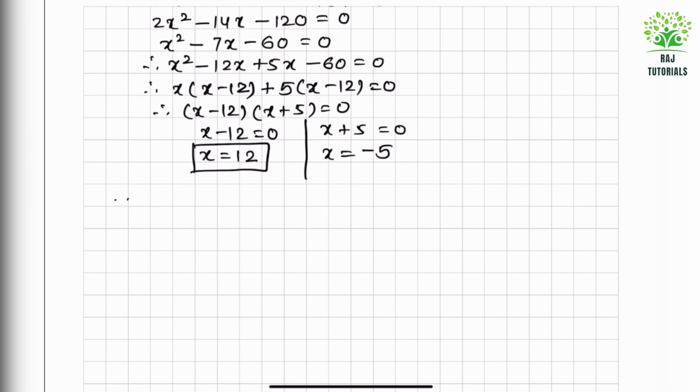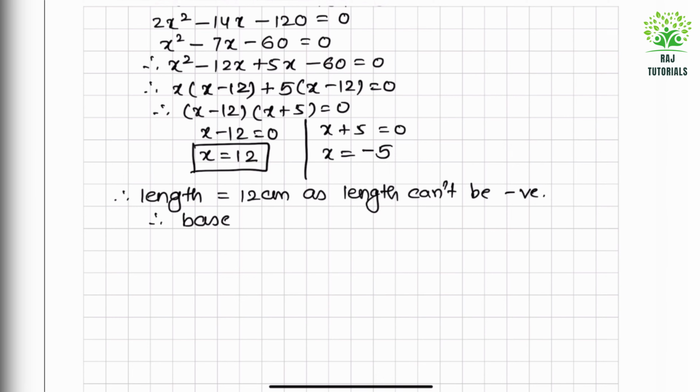Therefore, the length will be equal to 12 centimeter, as length can't be negative. Therefore, base equals 12 centimeter and altitude will be 12 minus 7, that is 5 centimeter.